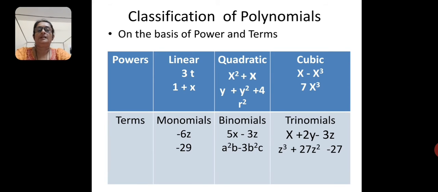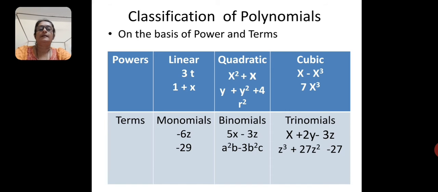Next, classification of polynomials on the basis of powers and terms. On the basis of powers, we'll see there are three different types of polynomials: linear, quadratic and cubic. So what are the powers? Those are degrees. Fine.